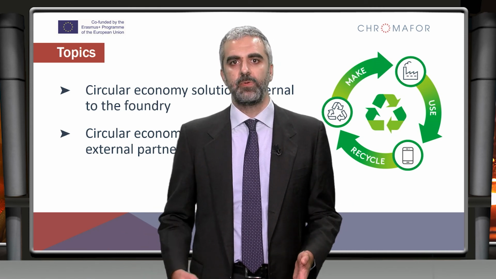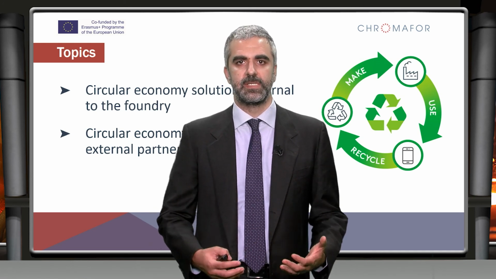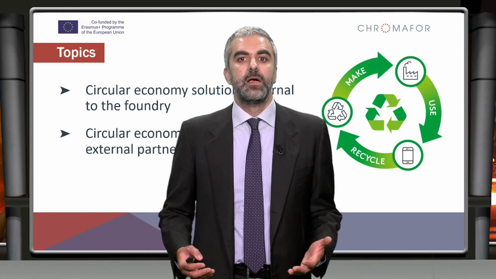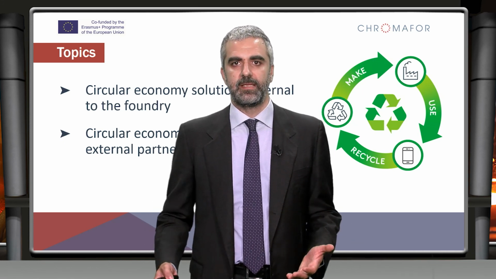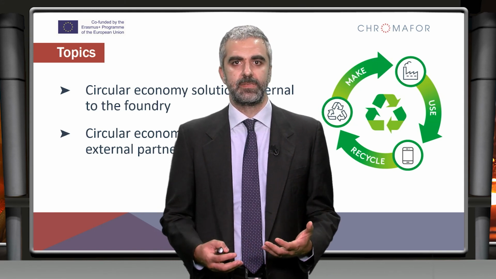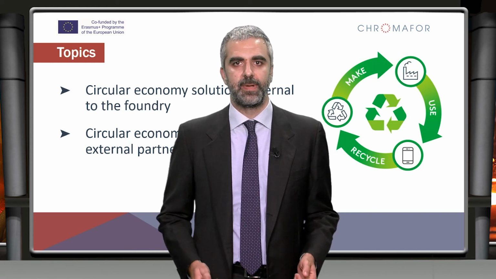On the other side, we have solutions that require interaction with stakeholders, such as customers, a supplier, or a third-party entity. So the foundry, in order to start the solution, needs a specific agreement and a certain environment.